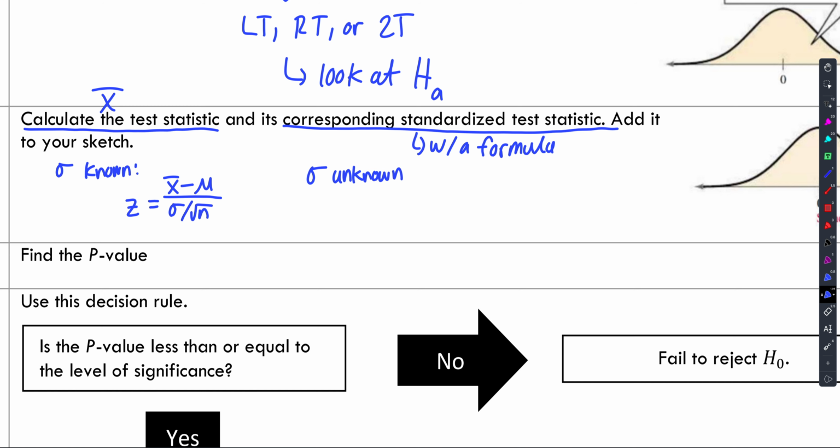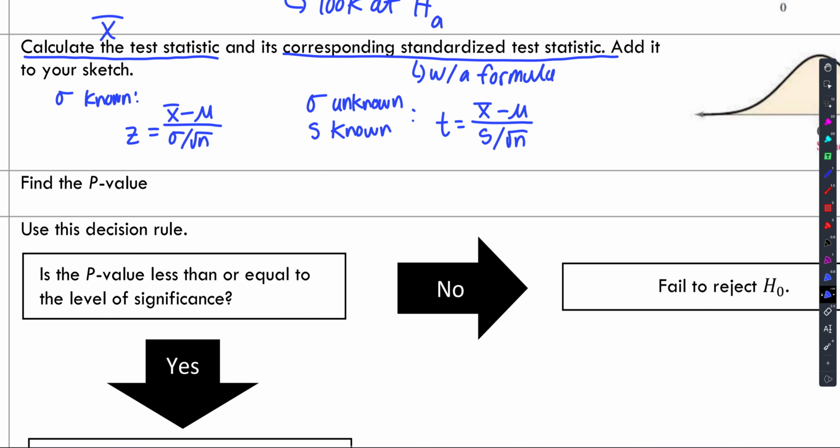T. And so if sigma is unknown, guess what's going to be known? s. You use t equals x bar minus mu divided by s over the square root of n. And you'll be using your t distribution in this case. For the z formula, you'll be using your standard normal distribution, which is the z chart. For this one, you'll use the t chart for your t distribution.